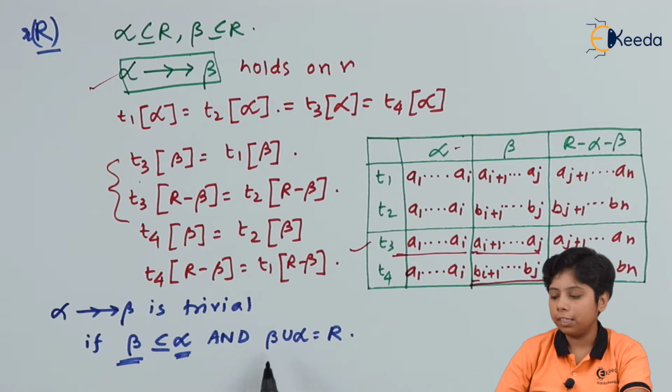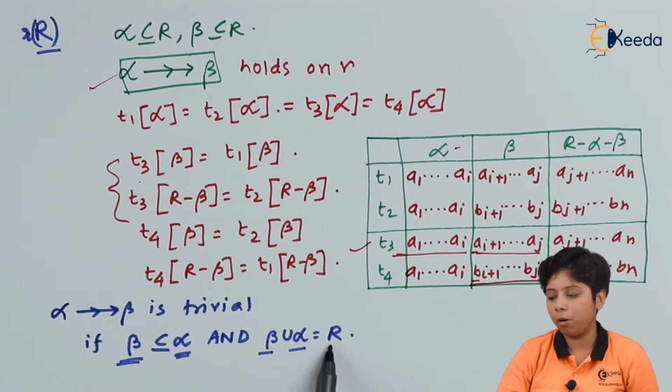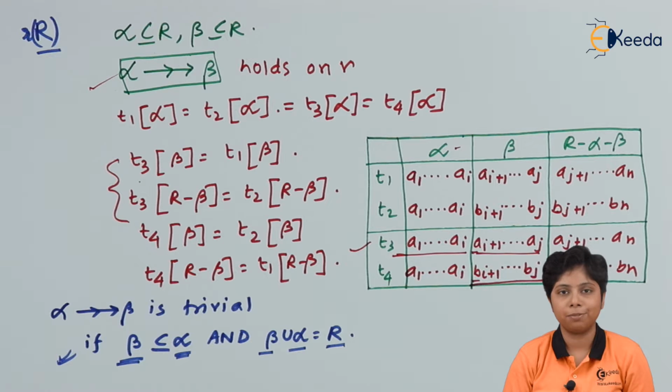And also if we take the union of alpha and beta, that means if we join the alpha and beta combination, it will form R. That means R has got only the values of defining and dependent, no other keys present in it. That means it goes for the trivial checking. So for the multivalued one, it also suggests in this way. Now let's look at the relation and then define multivalued dependency decomposition from it.